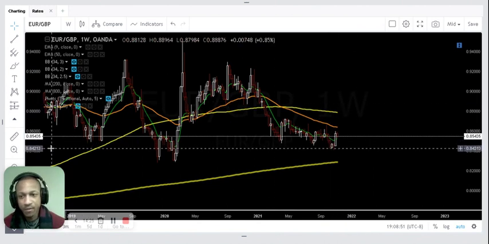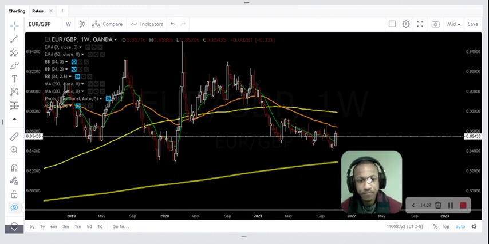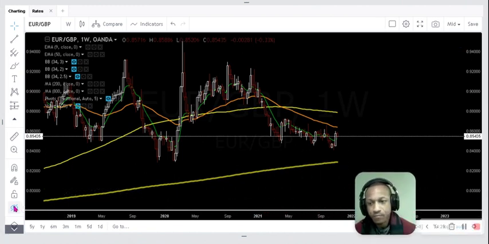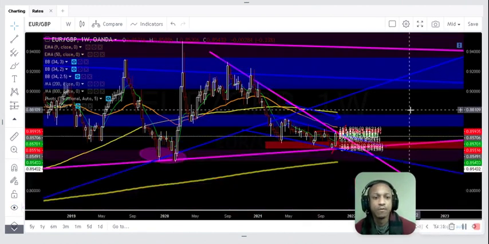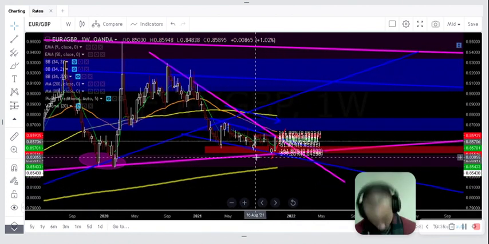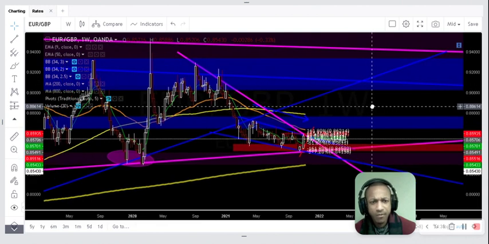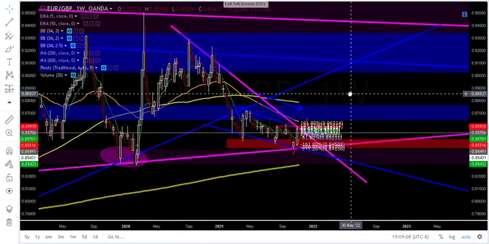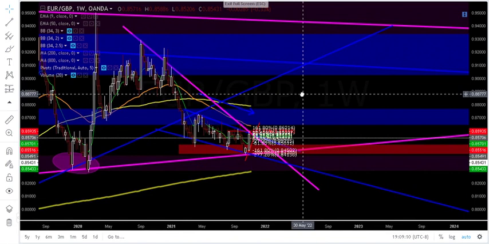Let me look at my zones. Let me look at my lines that I drew. Why did I draw this line right here? Hold on. Okay, so I got my zone.